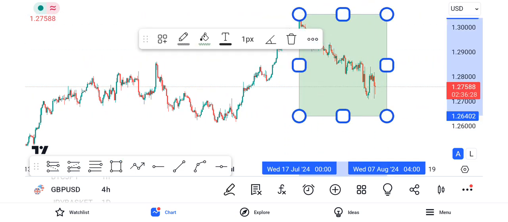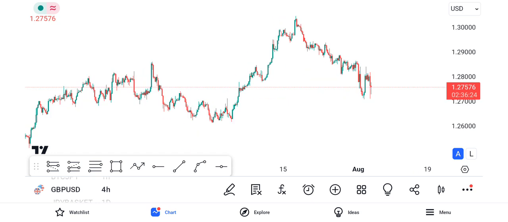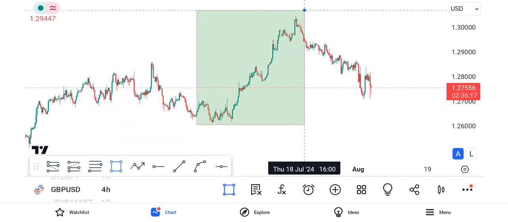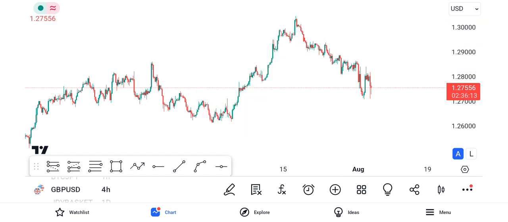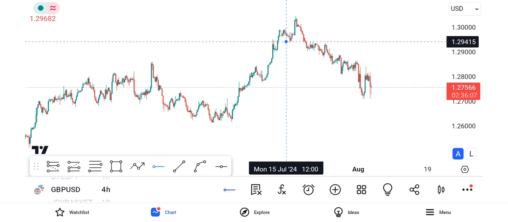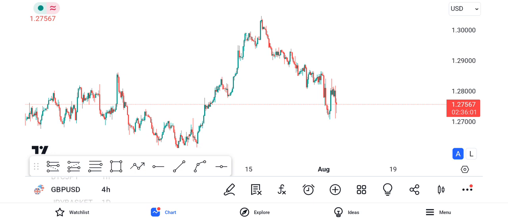Before it made this downtrend, it was making an uptrend around this point. Then price decided to shift its momentum, turned into a downtrend and started trading down. So what is it that we're expecting?